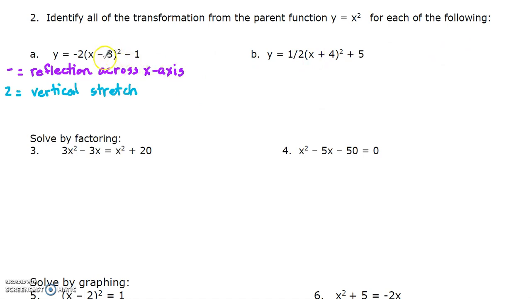The 3 right here is going to cause a horizontal shift because it's inside the parentheses. So it's a horizontal shift to the right 3 units.